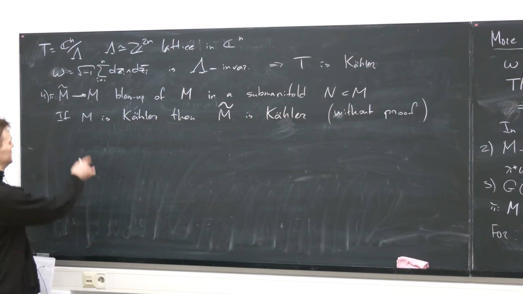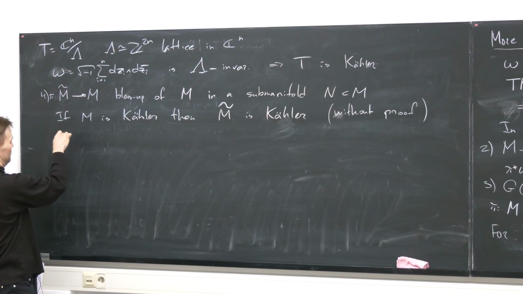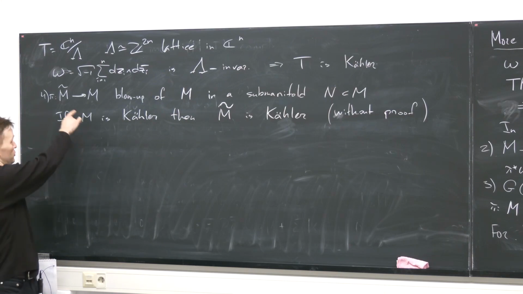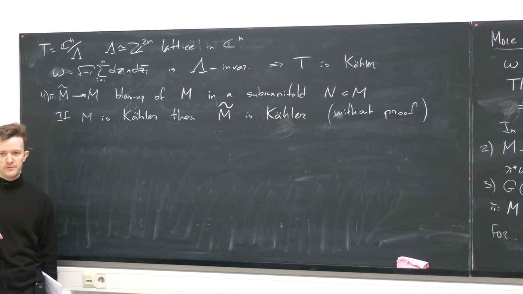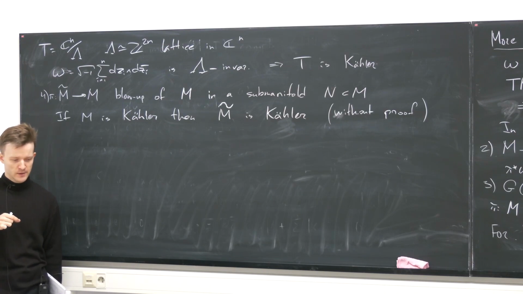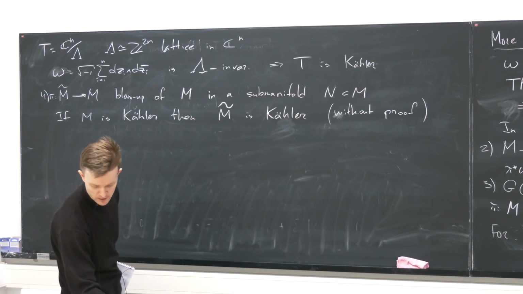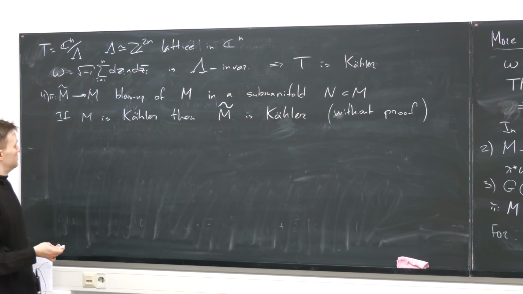The idea is that you can always add to the pullback of the Kähler form on M something that is positive along the fibers and small enough when you go away from the exceptional divisor. Then it will make your form positive along the fibers, and it will not spoil the positivity in the other directions. So you will get a Kähler form. Maybe for next time I'll put it into the exercises with some instructions, but for now let's just believe in this.